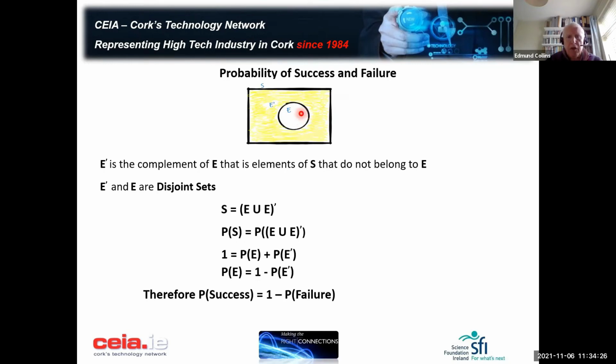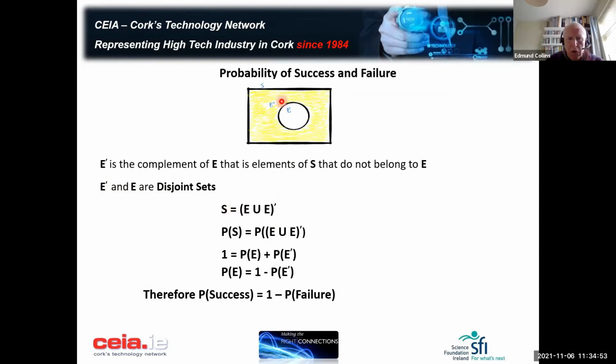In this case, our disjoint sets are a circle and the rectangle with the circle taken out of it. So E, the complement of E, E apostrophe, and E are disjoint sets in this case.